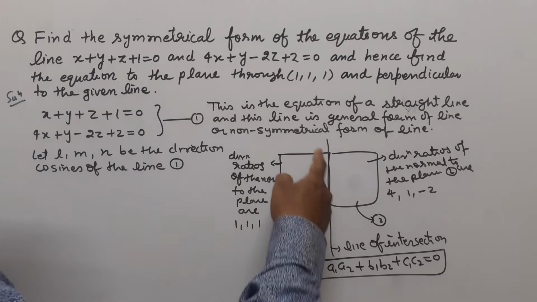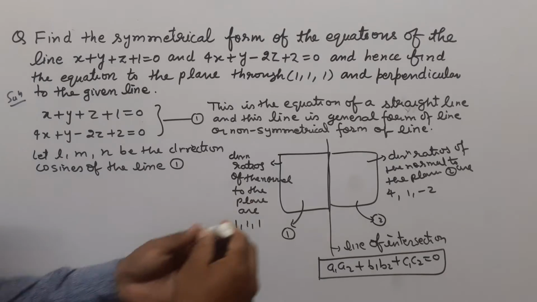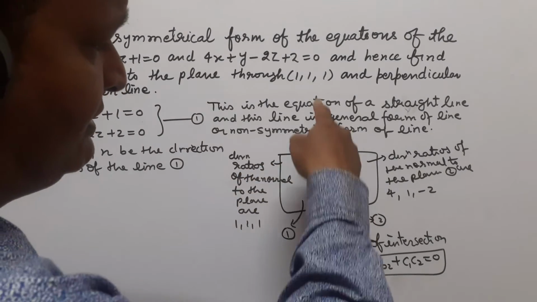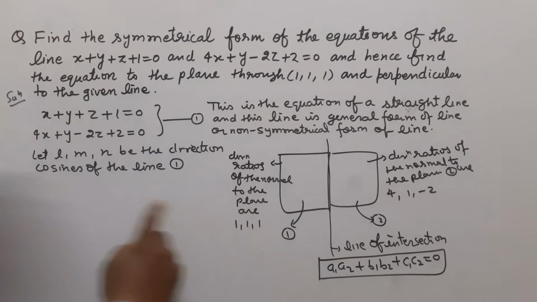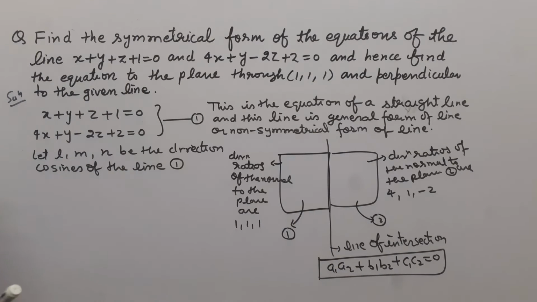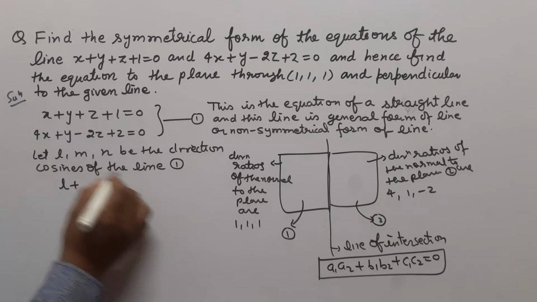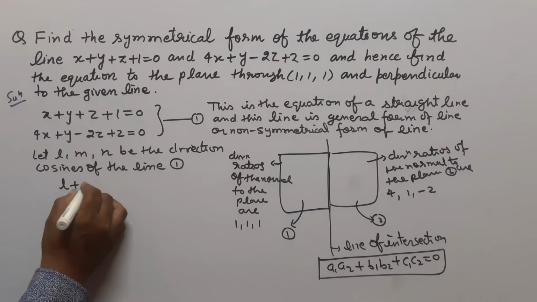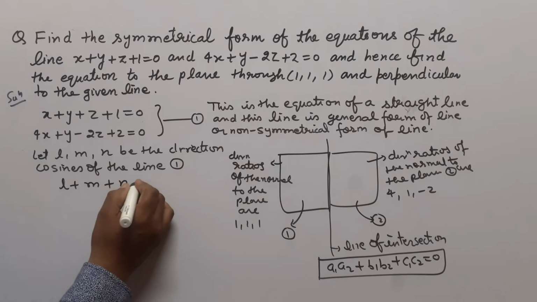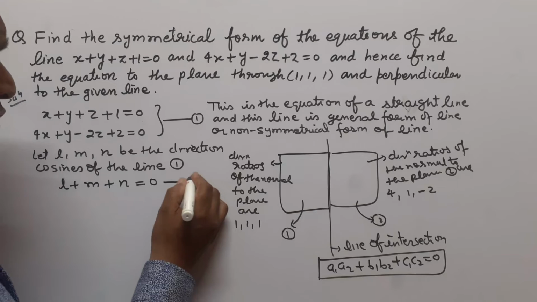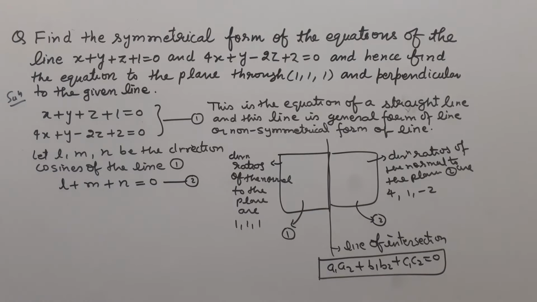Here the direction ratios of the normal to plane 1 are 1, 1, 1, and the direction cosines of the line of intersection are L, M, N. So we write L multiplied by 1 plus M multiplied by 1 plus N multiplied by 1. We get L plus M plus N equal to 0. Suppose this is the first equation.